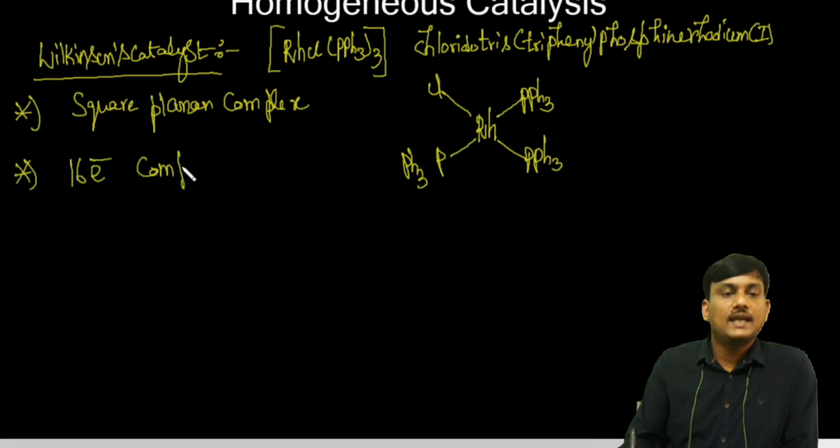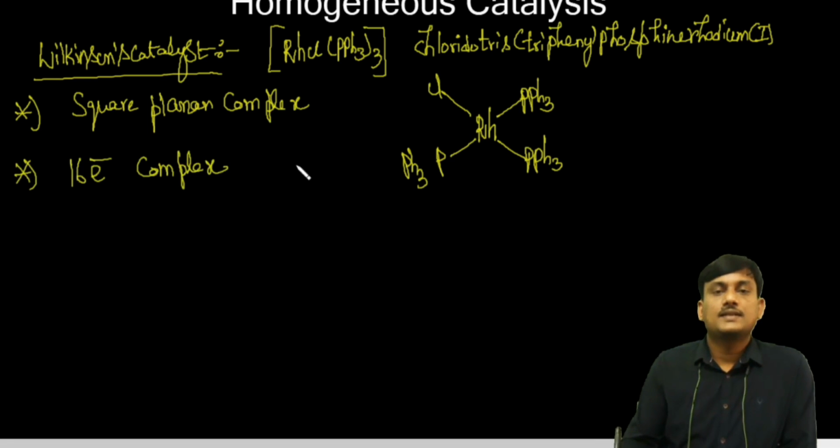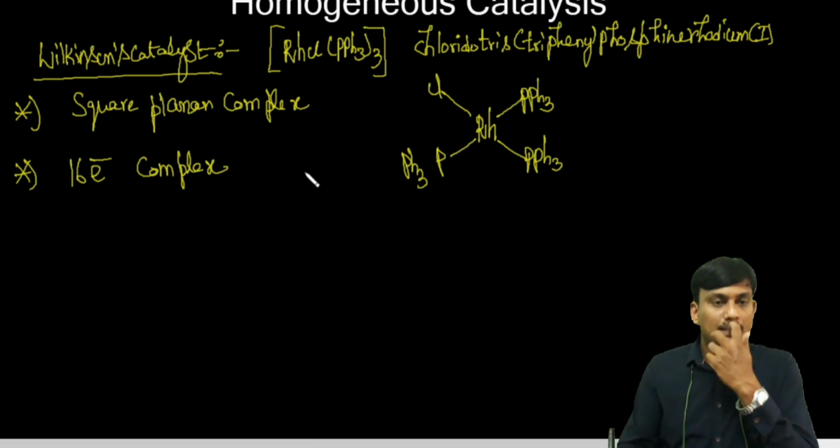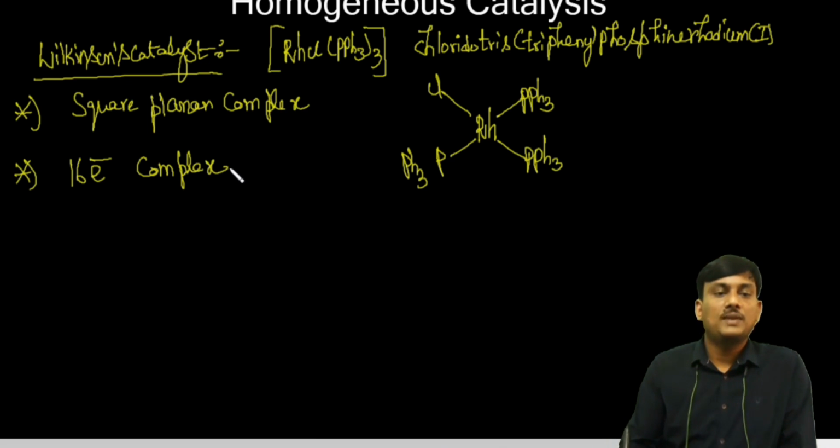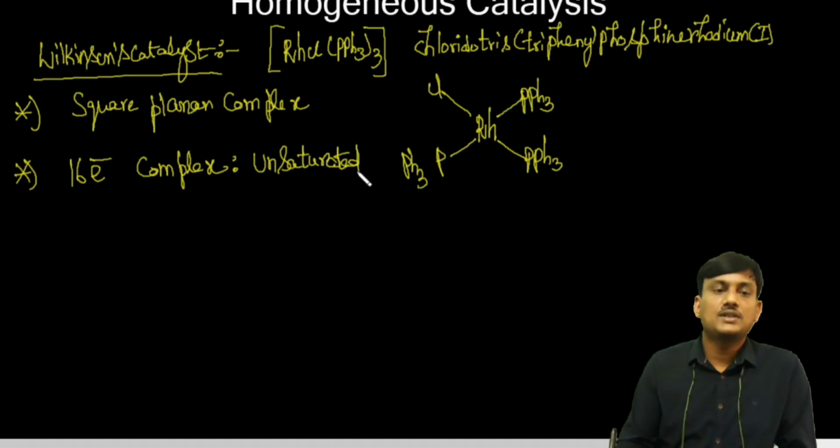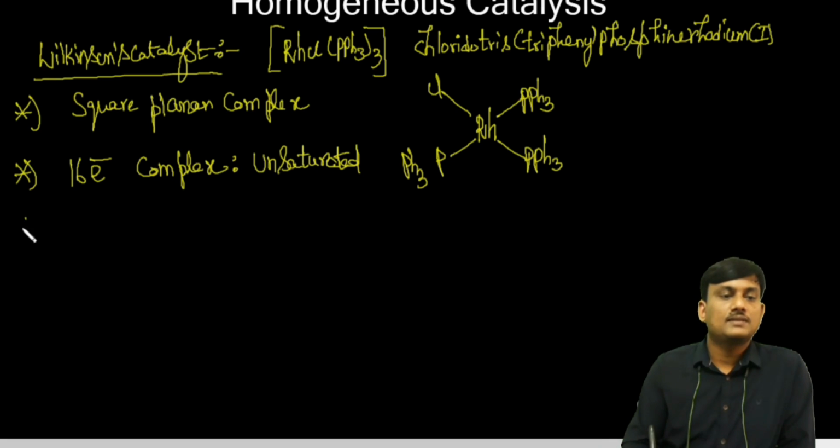It's not an 18 electron complex. Since it's a 16 electron complex, it's a coordinatively unsaturated complex. 18 electron complexes are saturated, coordinatively saturated complexes. 16 electron complexes are coordinatively unsaturated complexes.